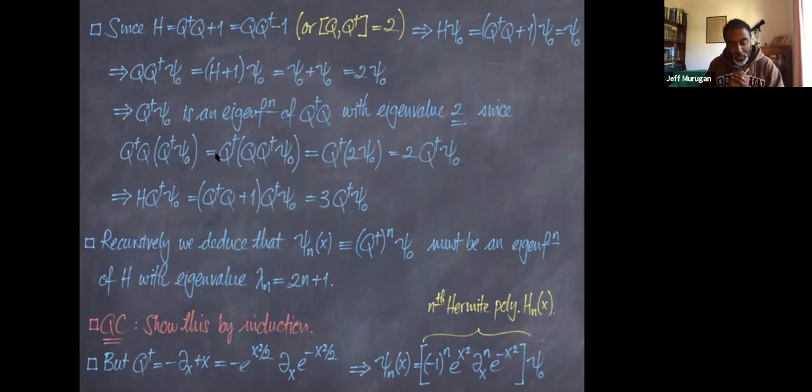Okay, so please do stop me and ask me if it does feel like I've gone from 0 to 100 very fast. So let's go back, let's go over this again. We wrote down the Hamiltonian as Q dagger Q plus 1, which was also the same as QQ dagger minus 1. This is just a statement of the fact that if I calculate the commutator of Q and Q dagger, I get 2. So QQ dagger minus Q dagger Q is equal to 2.